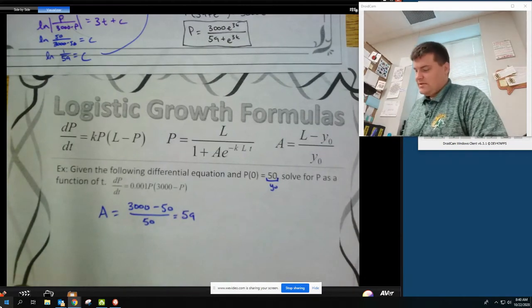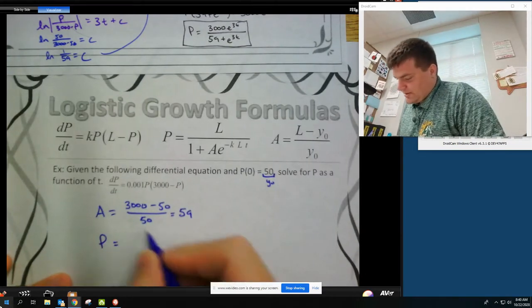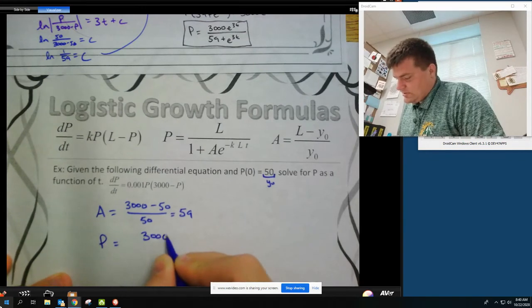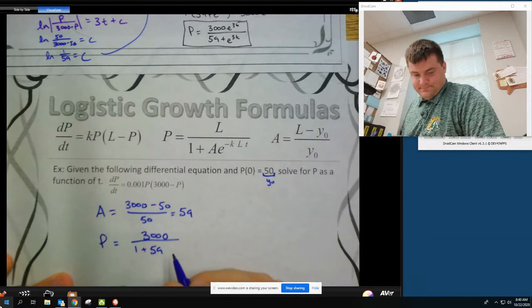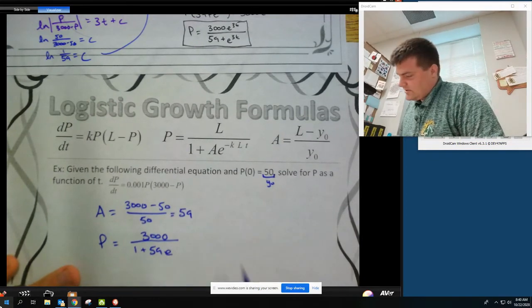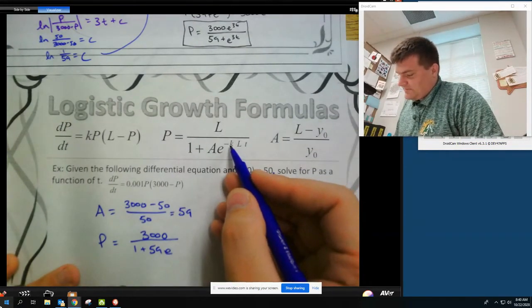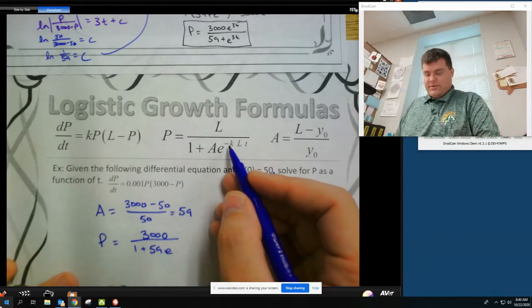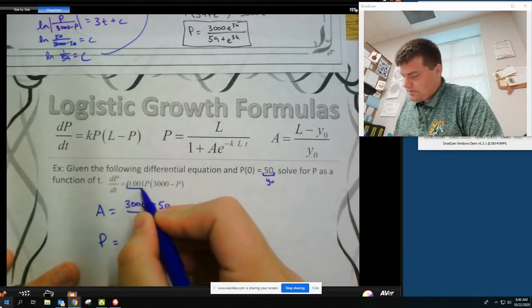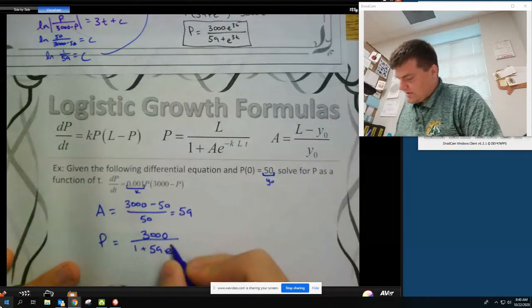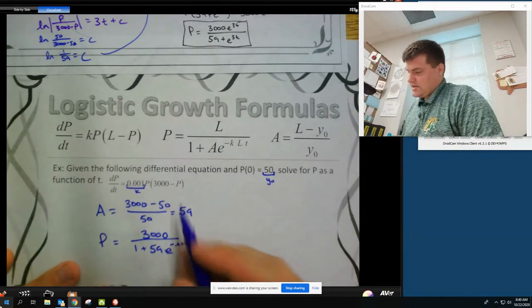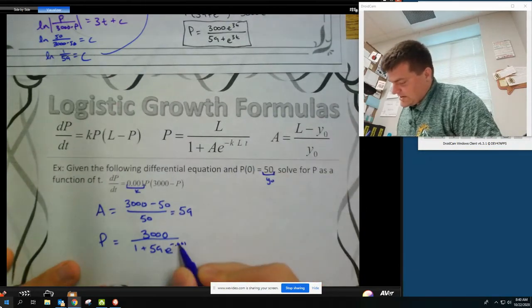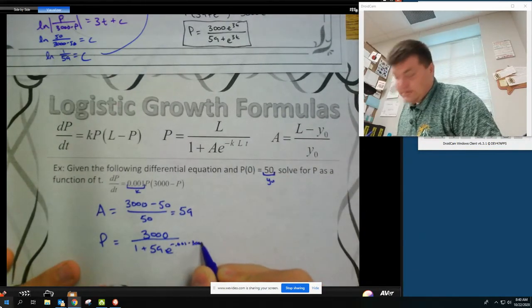Okay, so P is equal to my loading capacity all over 1 plus 59 e to the negative k. So k right here is going to be negative 0.001. And then L, loading capacity, so times 3,000.